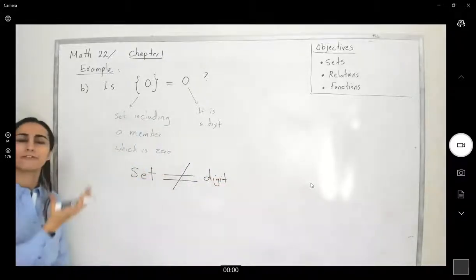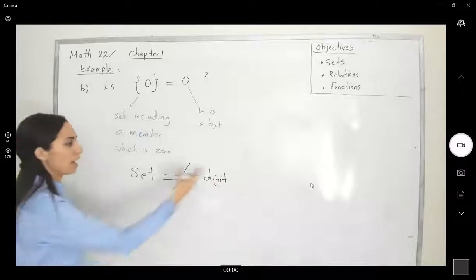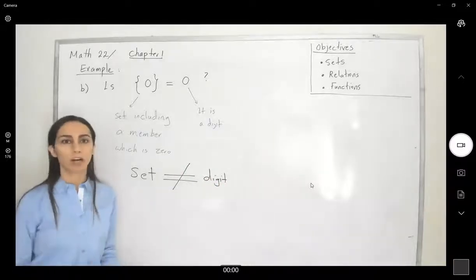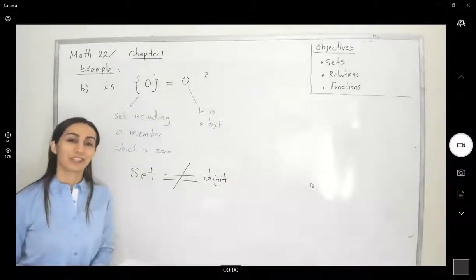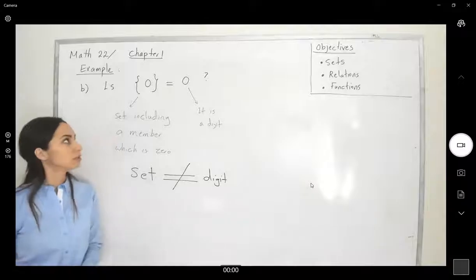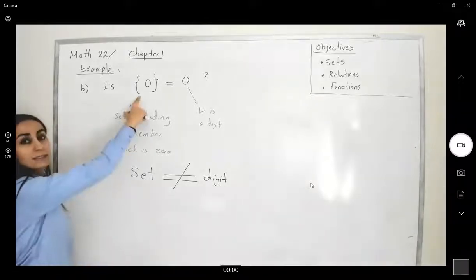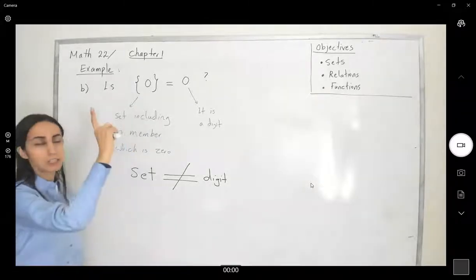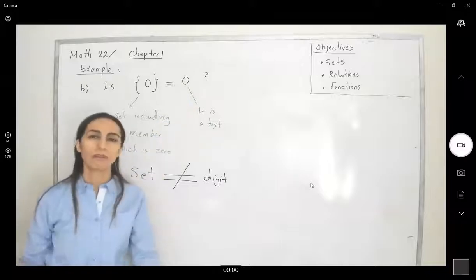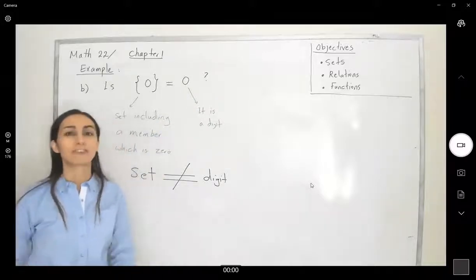So in general, if you have a set on one side and a digit or a number on the other side, you quickly say, hey, they are not equal to each other. Two different entities.